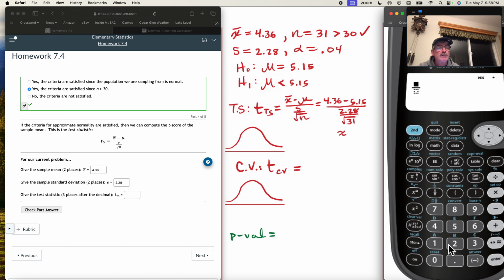Fraction 4.36 minus, oh, by the way, I didn't mention, this is a left tail test. Just for the heck of it. Okay, so minus 5.15.